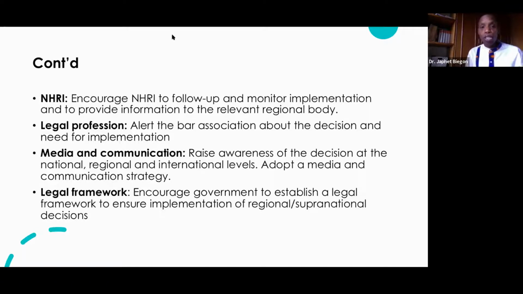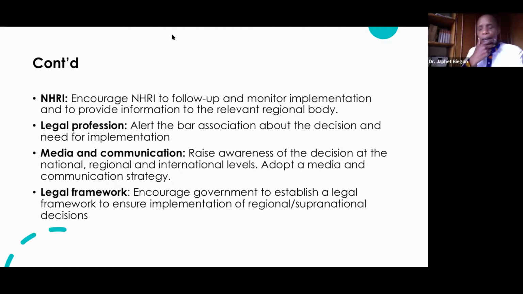So it will be good as an advocate, as a litigator, as a CSO, to carry with you or use these guidelines as a reference point when engaging the NHRI in relation to implementation.